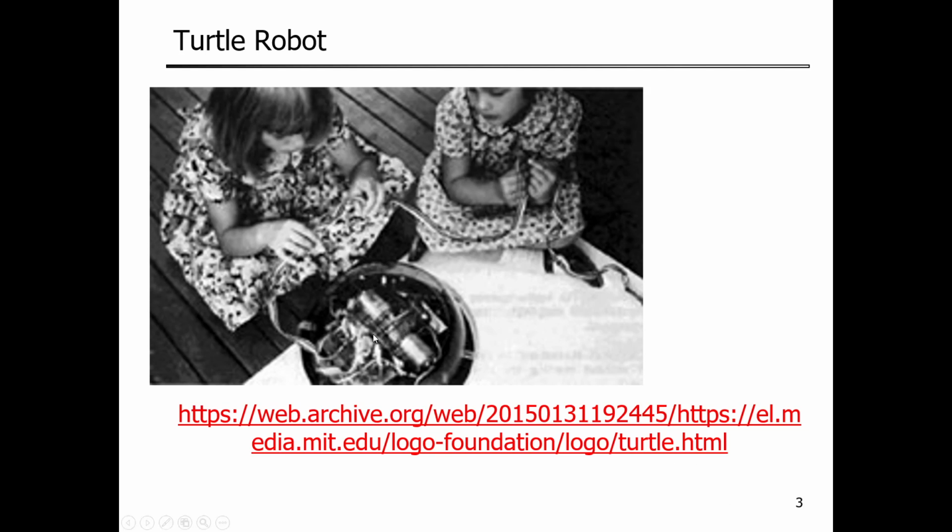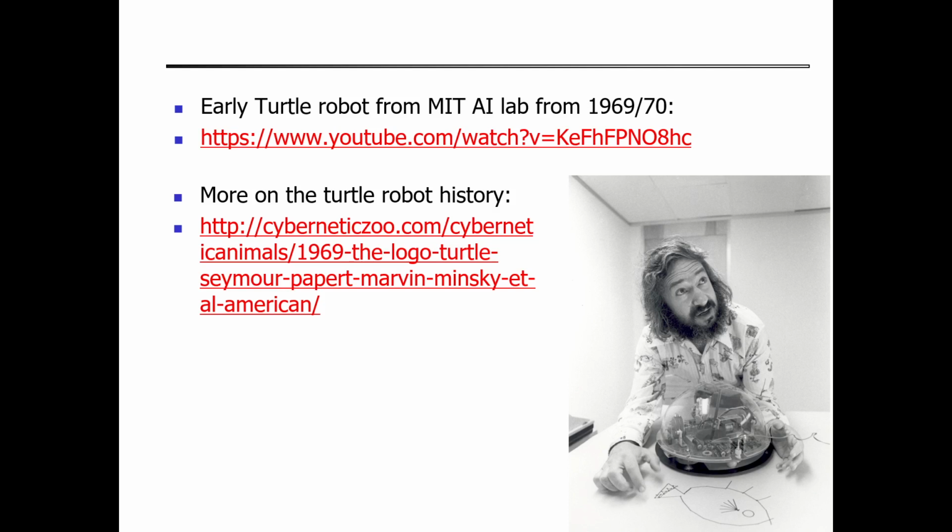Well, it's not a good picture, but maybe there's a better one here. So this was an early turtle robot developed at the MIT Artificial Intelligence Lab, and it looks, well, interesting maybe, not the way that robots look like today.